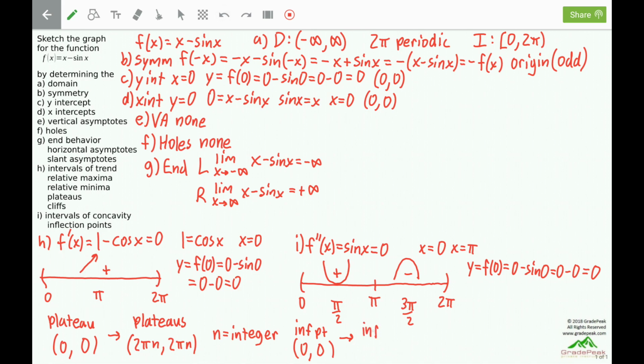And that will give an infinite number of inflection points. They will be 2 pi n and, again, 2 pi n. Where n, once again, is any integer. It can be a positive integer, it can be a negative integer, it can be a 0.